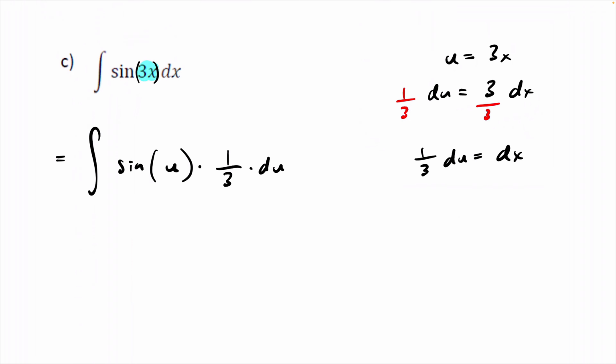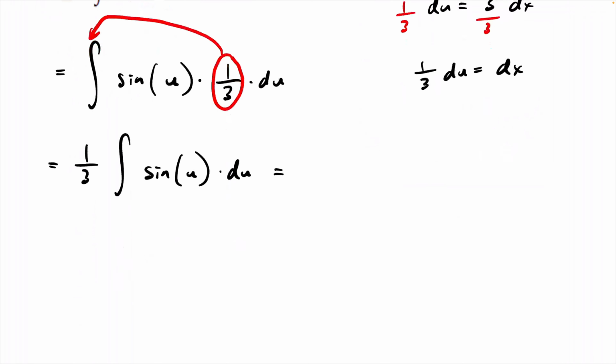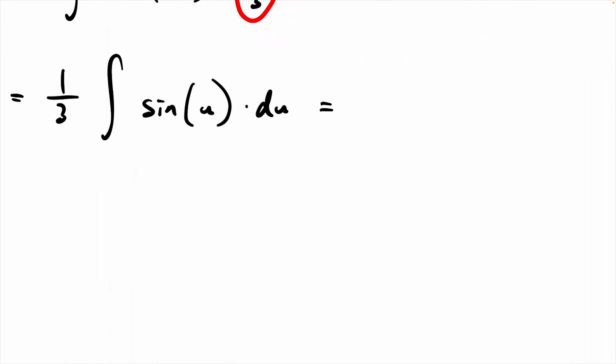Okay. There's no other letters besides u. 1/3 to the front. So we got 1/3 times sine of something du. All right, now let's do the antiderivative. 1/3 times, what's the antiderivative of sine?